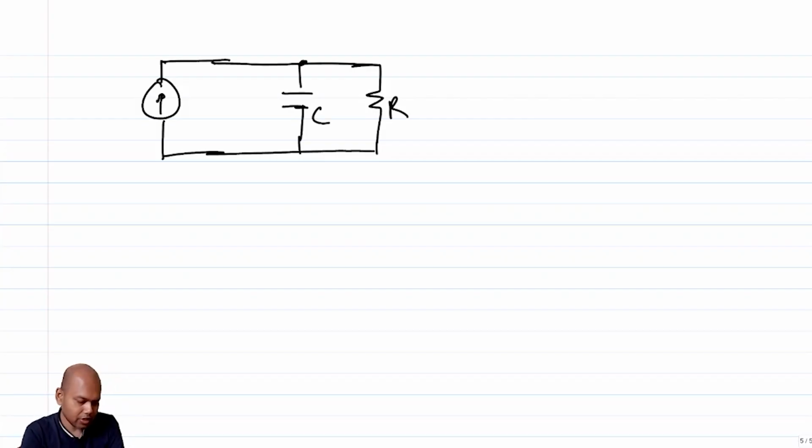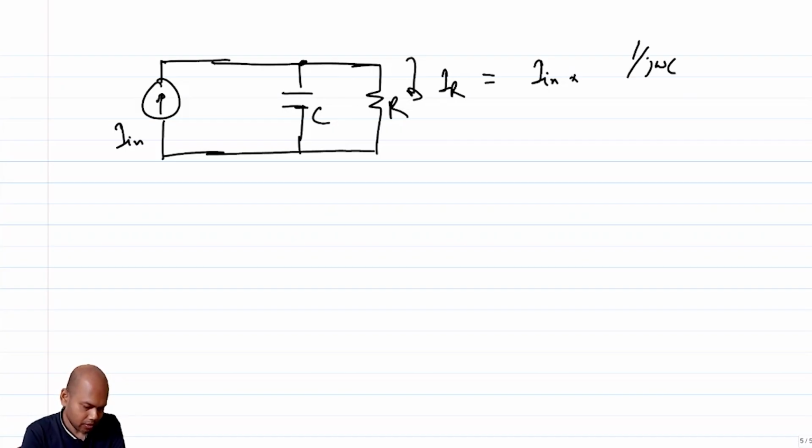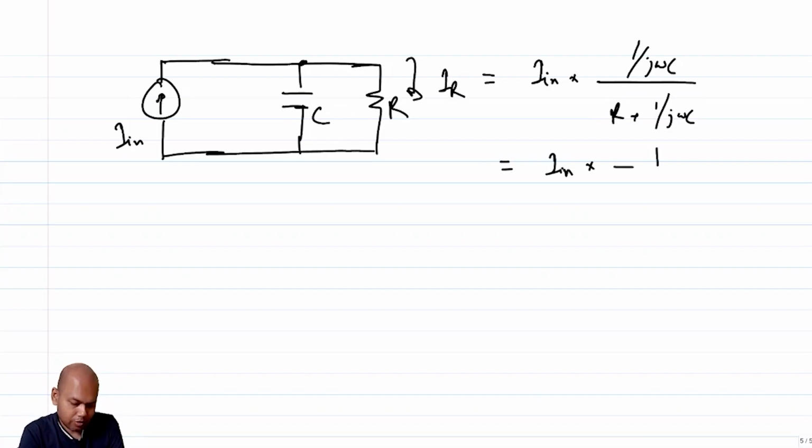So what is the division ratio? If this is I in, what is IR as a fraction of I in? This is basically I in times 1 by j omega C, by R plus 1 by j omega C. So this is I in times 1 by 1 plus j omega RC.